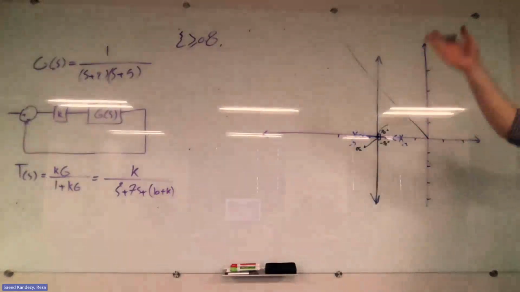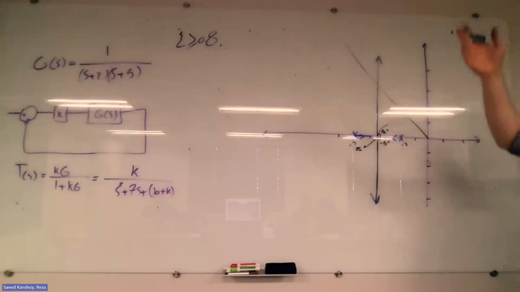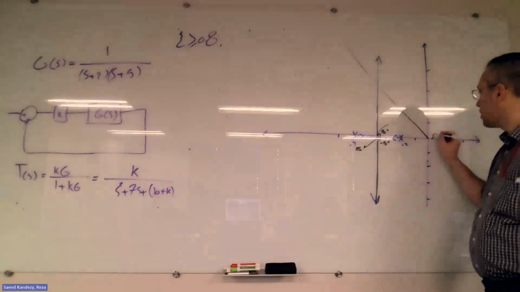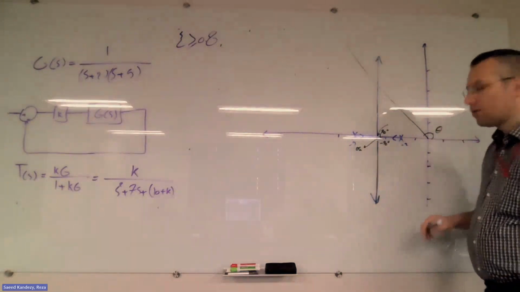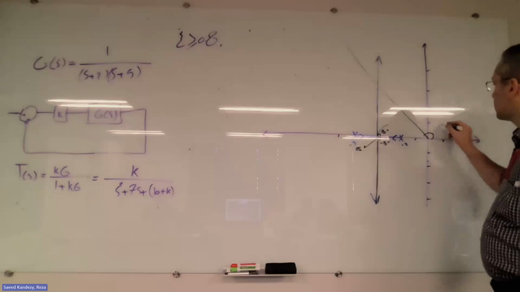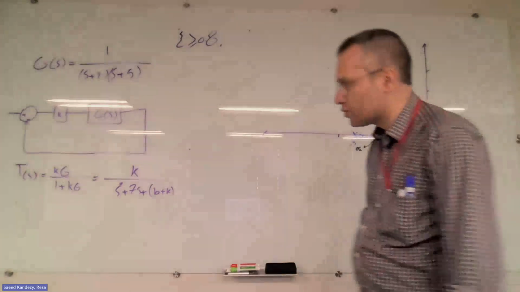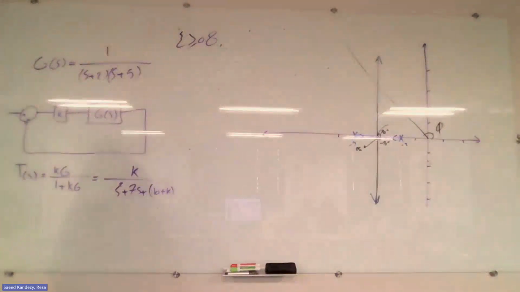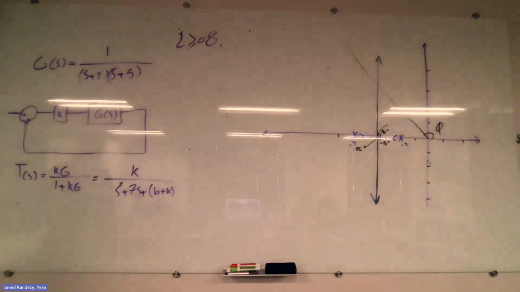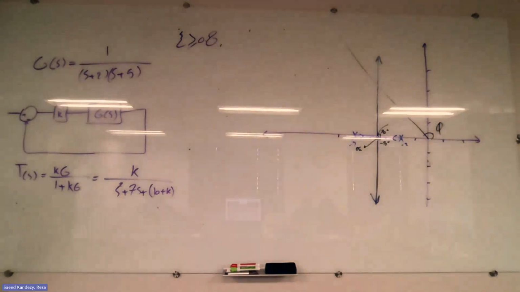Now, we have this line. What we need is to find out the angle of the line. Let me denote it by phi, because later on we are going to use theta. So we know exactly what that line is. Very good.